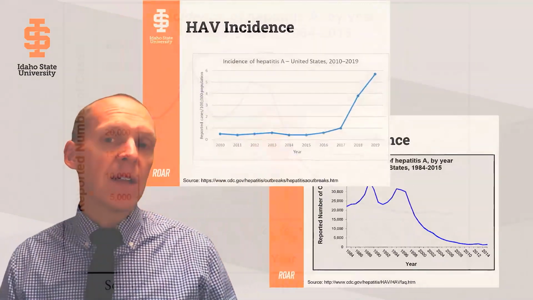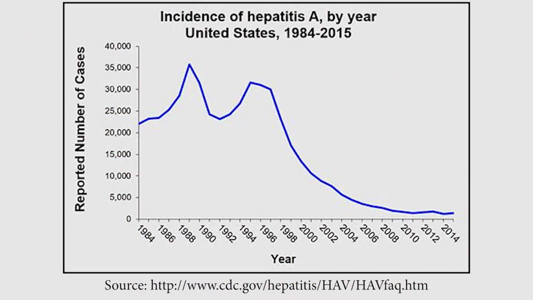The incidence of hepatitis A over the last several decades, as you can see, has ebbed and flowed. And we started seeing a massive decline in hepatitis A with the introduction of more global and universal vaccines, especially in children, but also in those adults who have major risk factors.